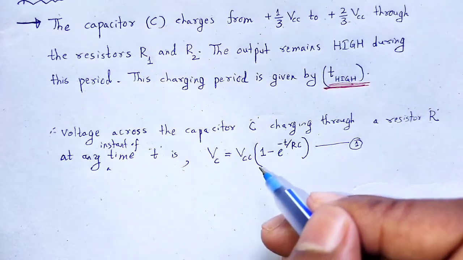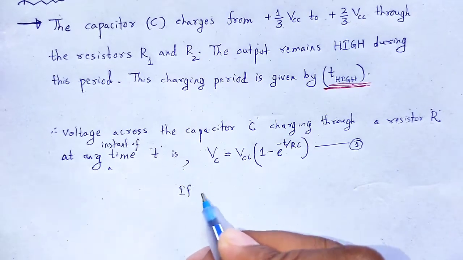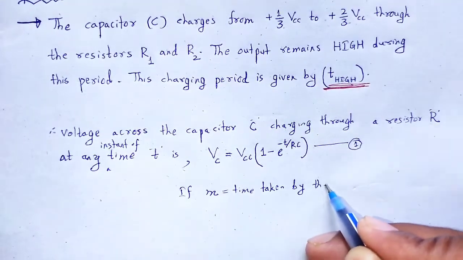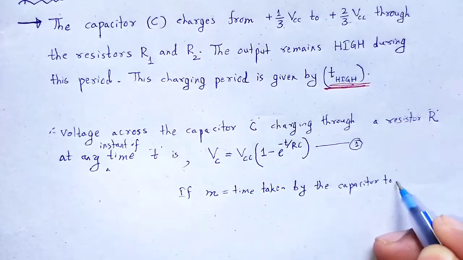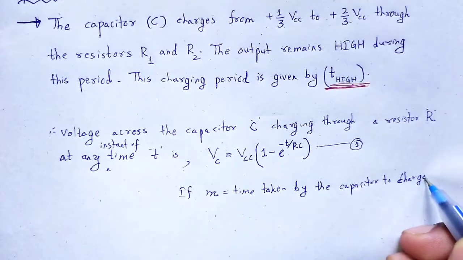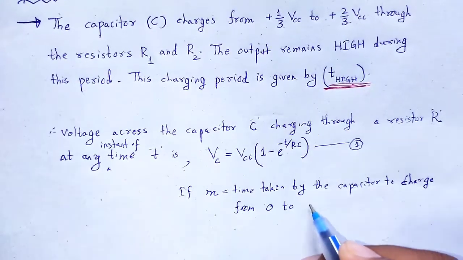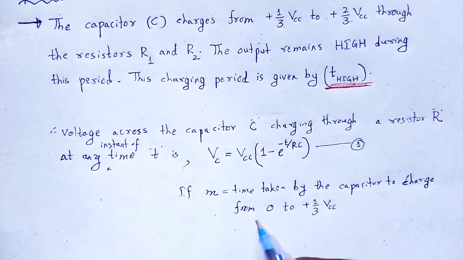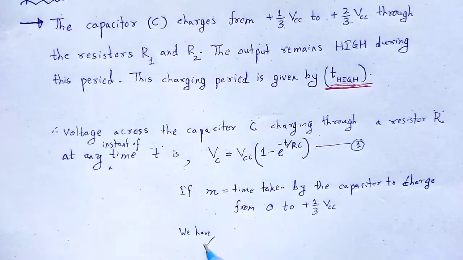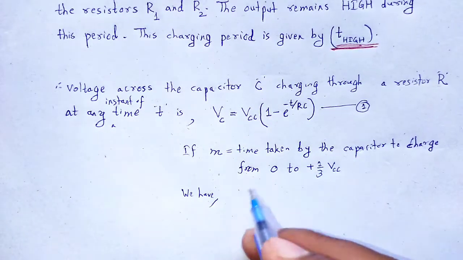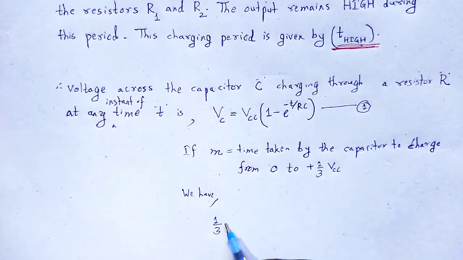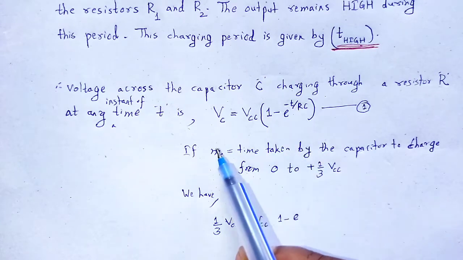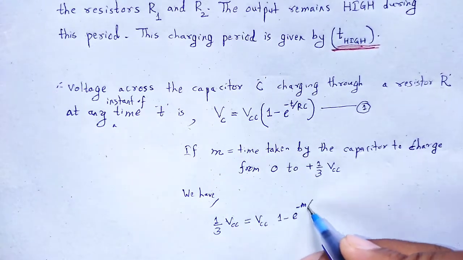If we take the time period, if small m is the time taken by the capacitor to charge from 0 to 1 by 3 VCC, we have Vc as 1/3 of VCC, which is equal to VCC times 1 minus e to the power, in place of t we substitute small m, minus m divided by RC.